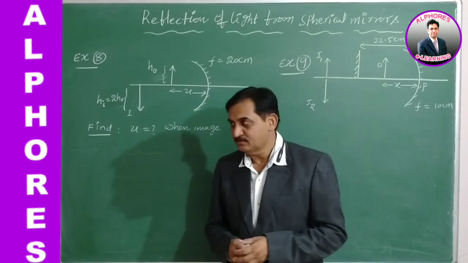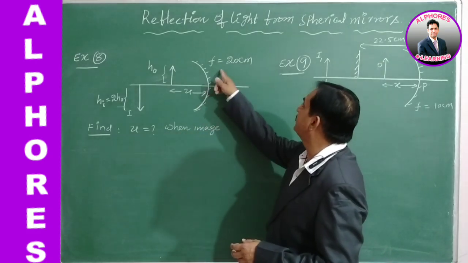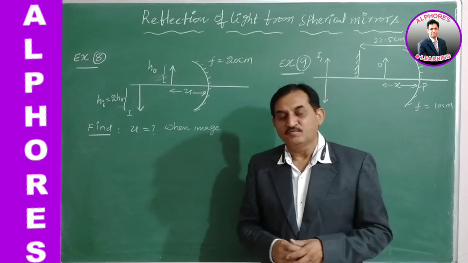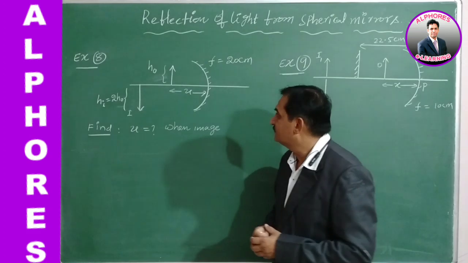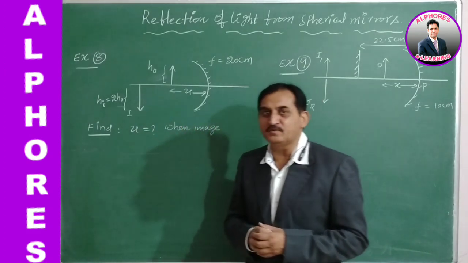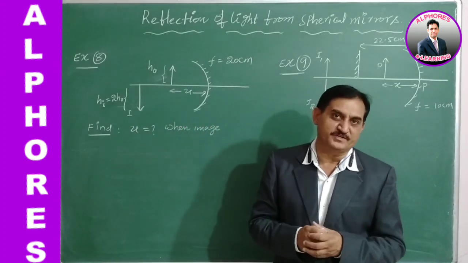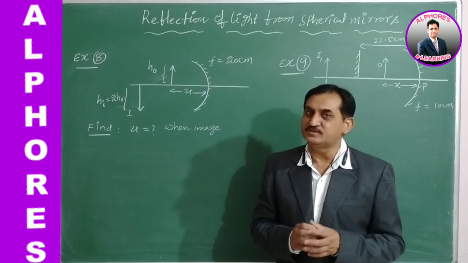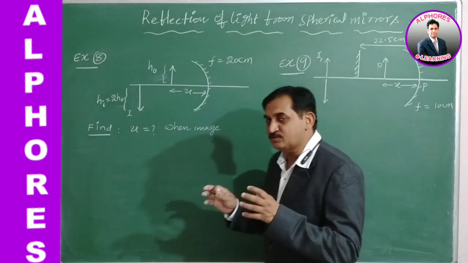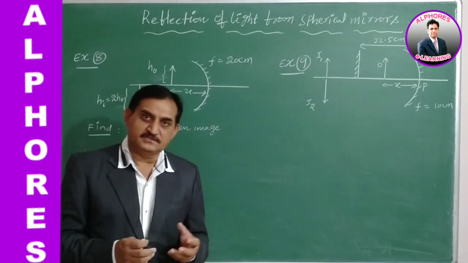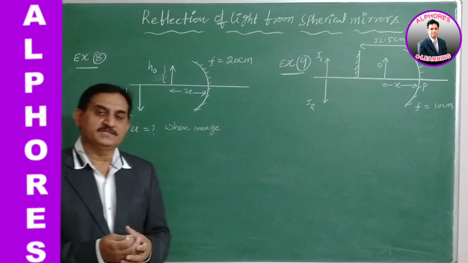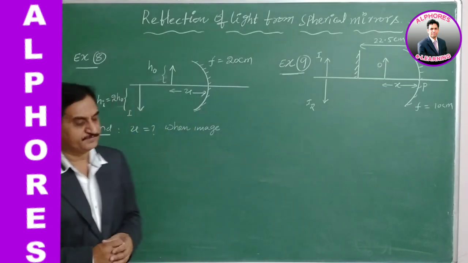Once again I repeat, there is a concave mirror of focal length 20 centimeters; where should the object be kept such that the size of the image will be double the size of the object? So this is the question. But there are two options to get the magnification, that is, the size of the image being double the size of the object.